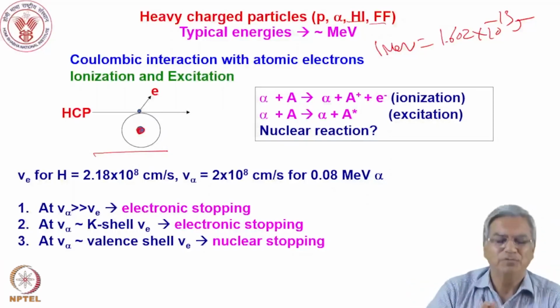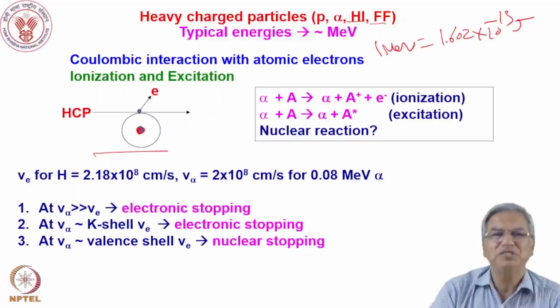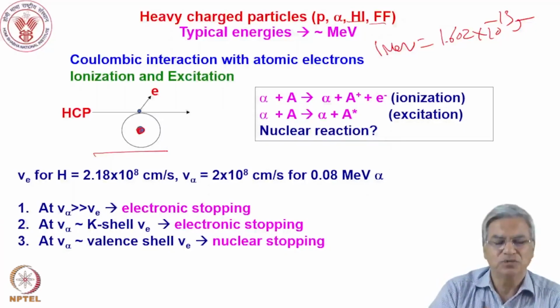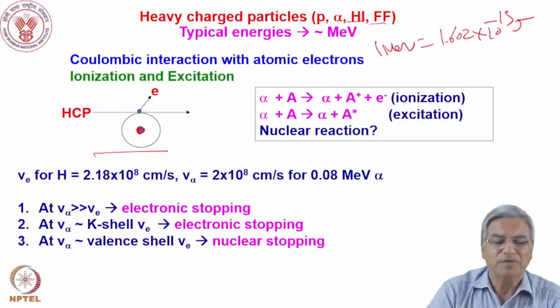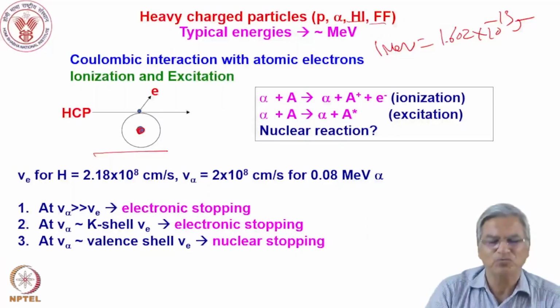So when the heavy charged particle is coming and interacting with the material, it will be seeing mostly the electrons. It is like a collision between a heavy ion and an electron. You can see the heavy ion is a very, very heavy, massive particle compared to the electron.